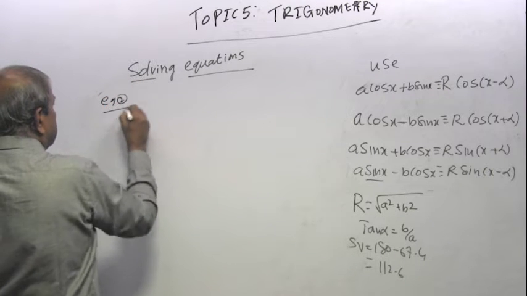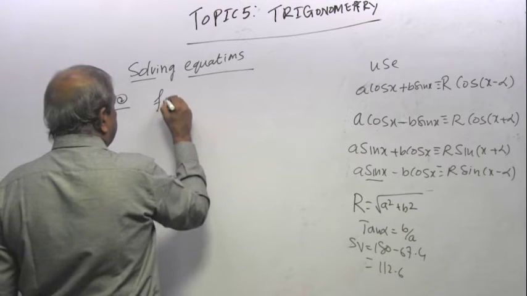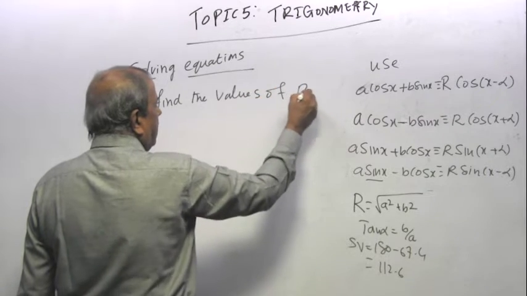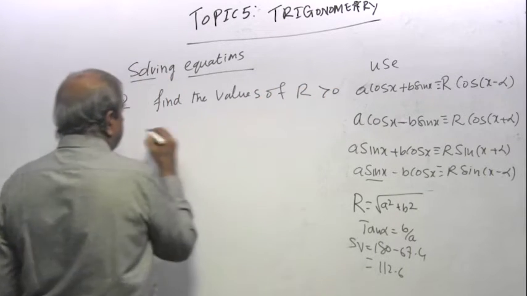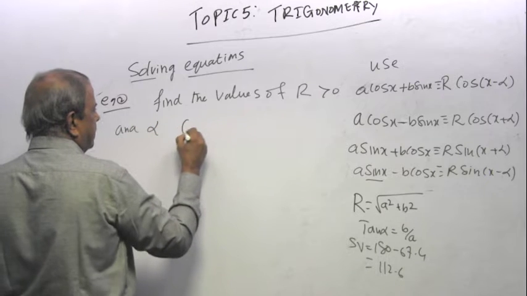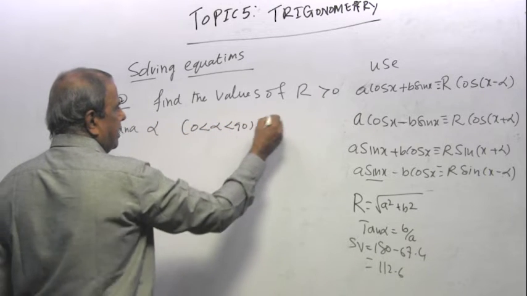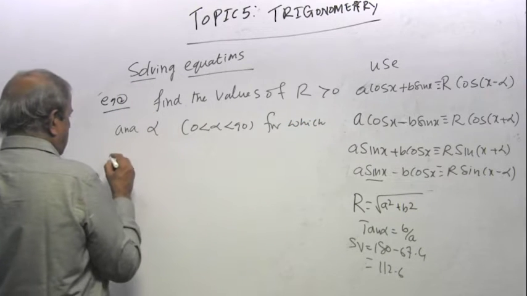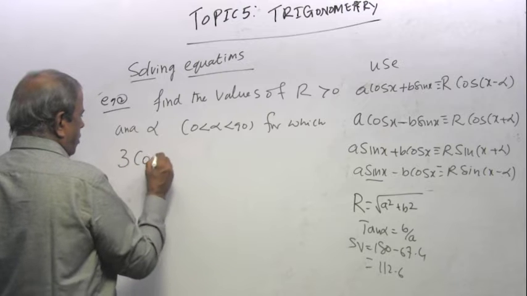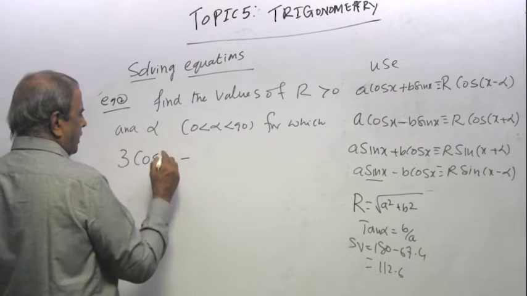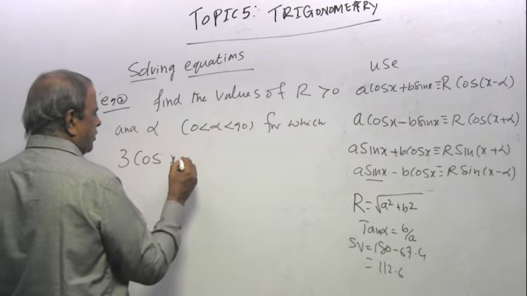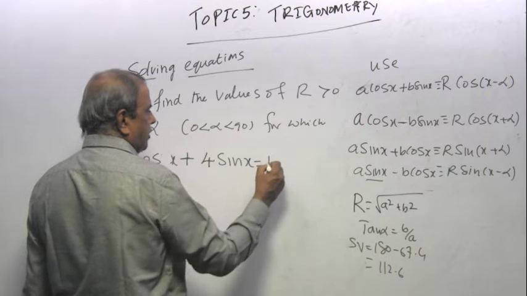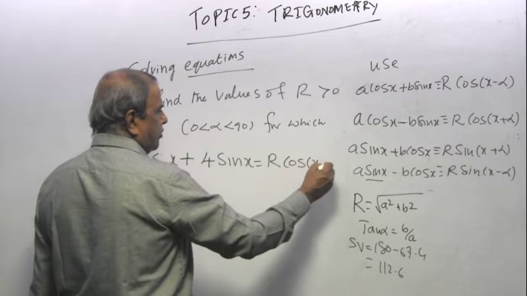Example 2. Find the values of r greater than 0 and alpha, 0 less than alpha less than 90, for which 3 cos x plus 4 sin x equals capital R cos x minus alpha.